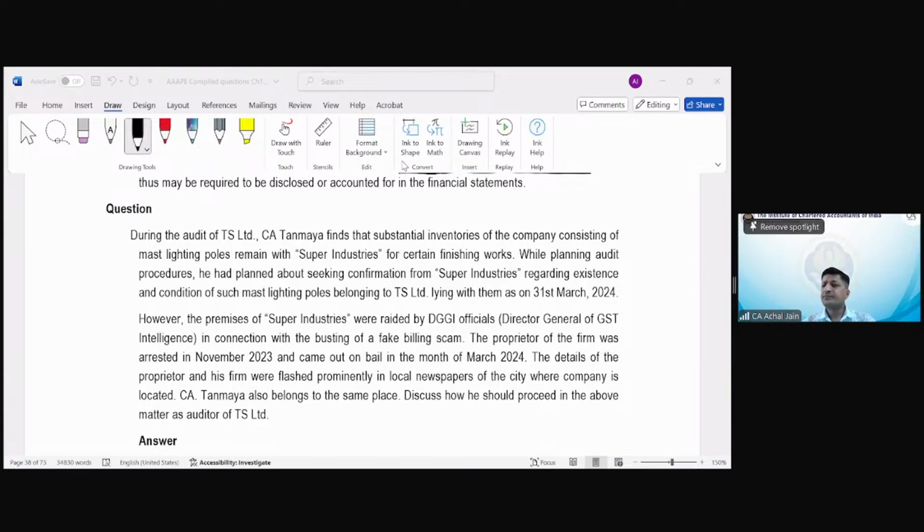Quickly, over to you. What are going to be your thoughts as an auditor? Anyone?